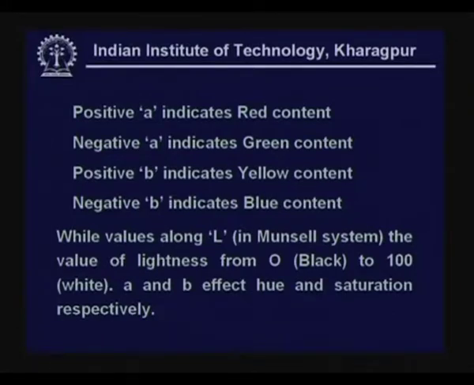Then the values along L, just as in the Munsell system, the value of lightness from 0 to 100 is specified. So, you have A and B giving rise to hue and saturation, whereas L gives the value when compared to the Munsell system. So, this is how a LAB system would work.